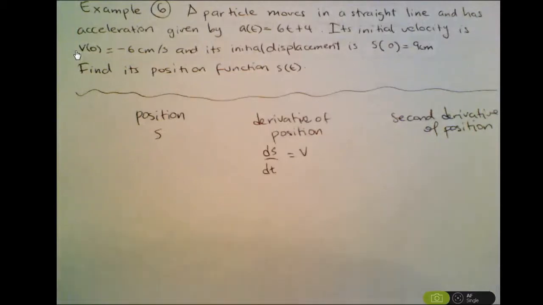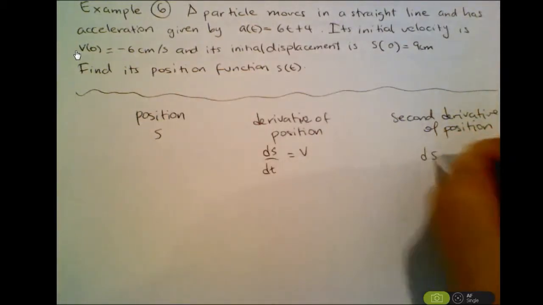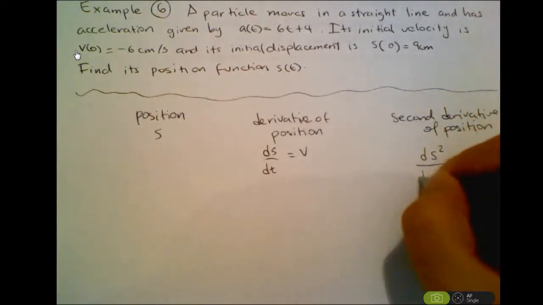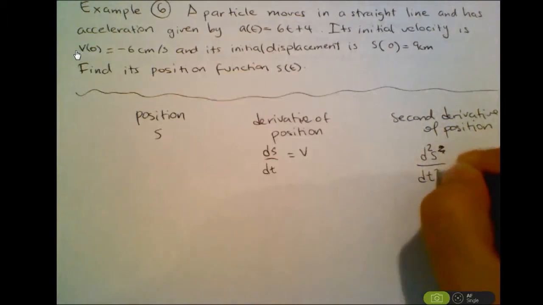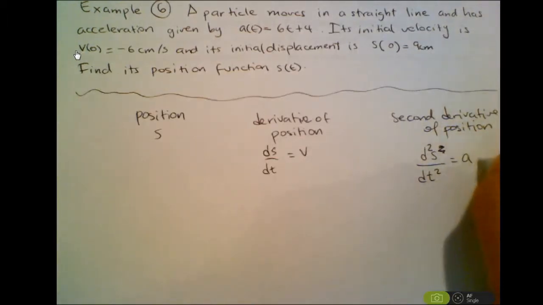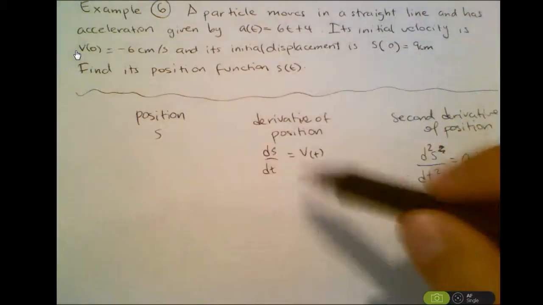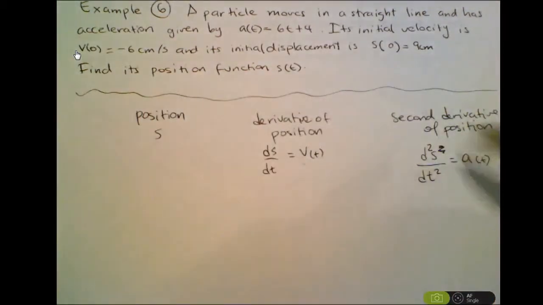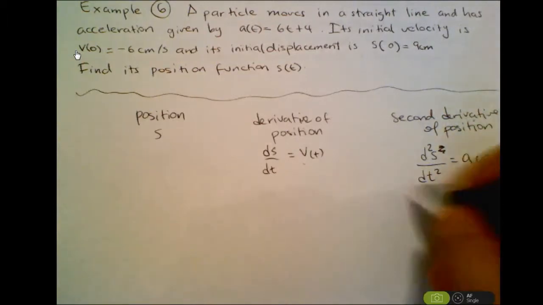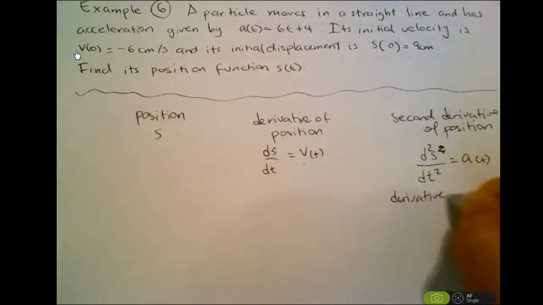And when I take the second derivative with respect to time, I get acceleration. So we know velocity is the derivative of position, and acceleration is the second derivative of position, or I can say the derivative of velocity.